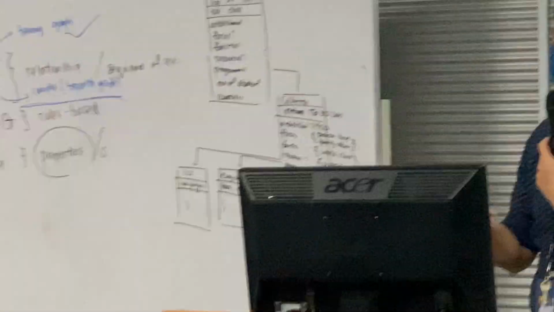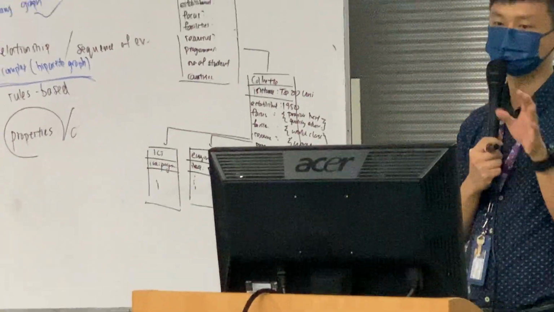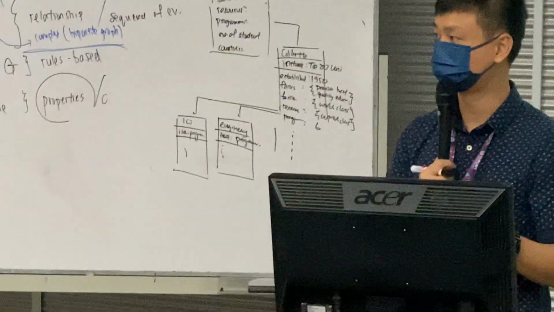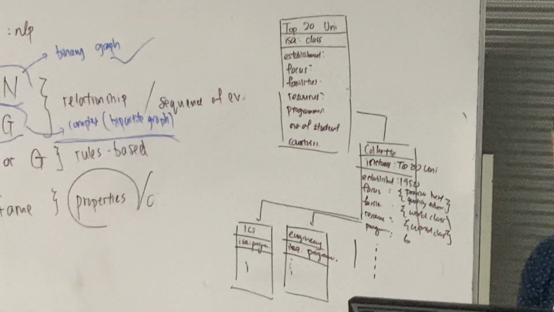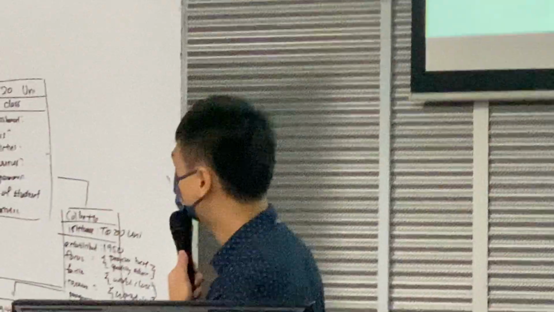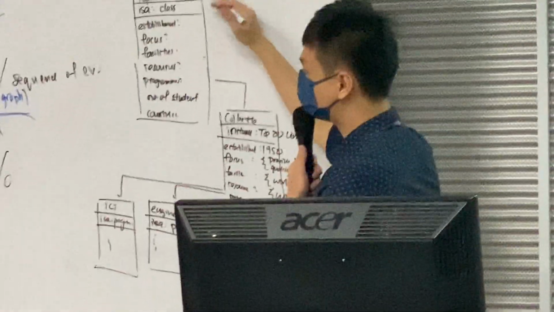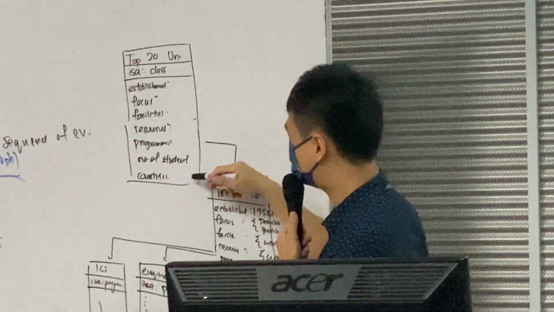Okay, I'm not going to show the oral pictures. As I mentioned, this is not a good example to use frames for, but we can still represent this paragraph using frames. So we know that we have a top 20 university, so it's actually a class. You can put in the default values.